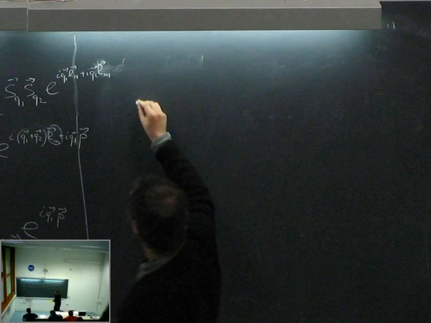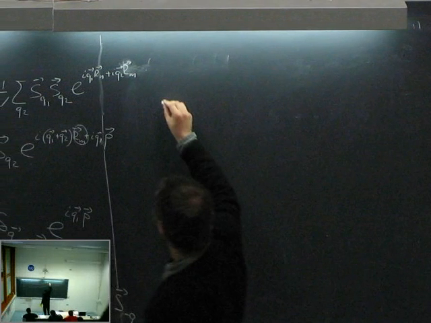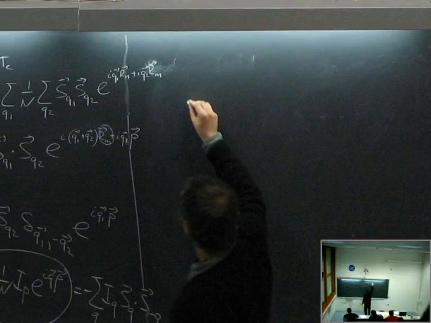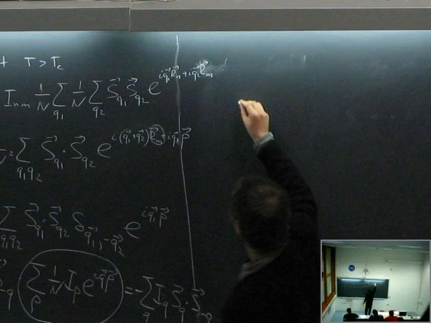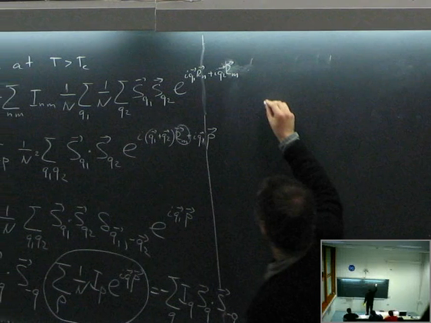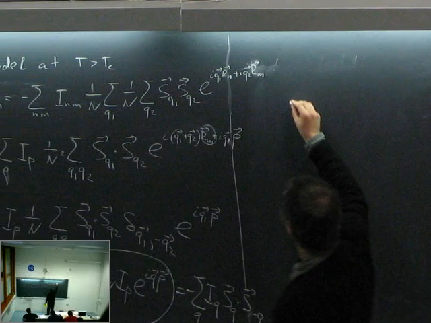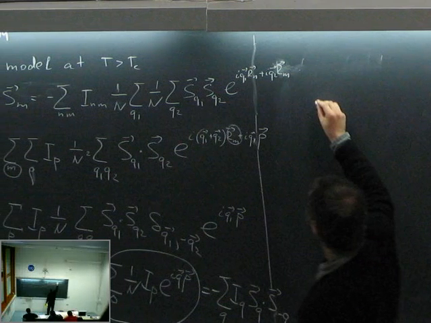So, let's look at I_q. It's 1 over N sum over rho of I(rho) e to the power i q rho.